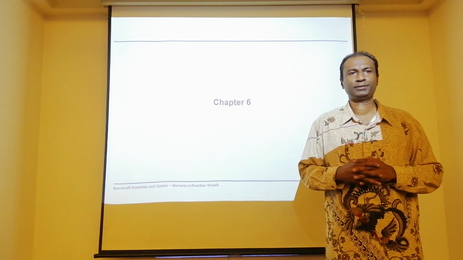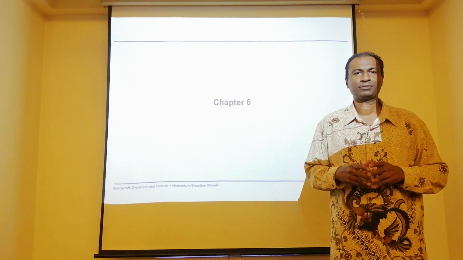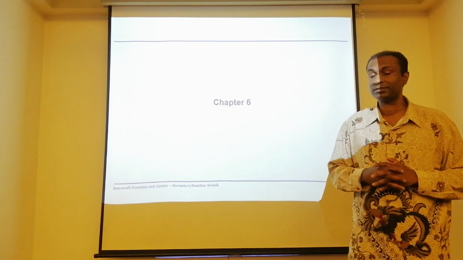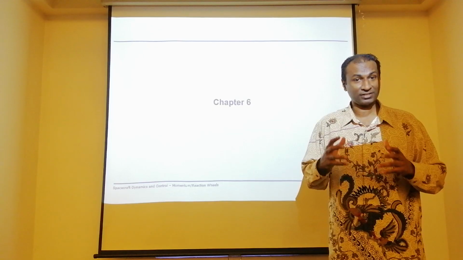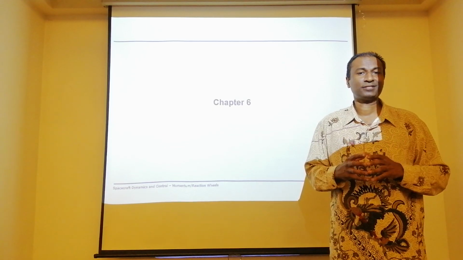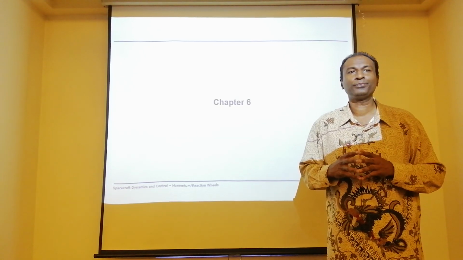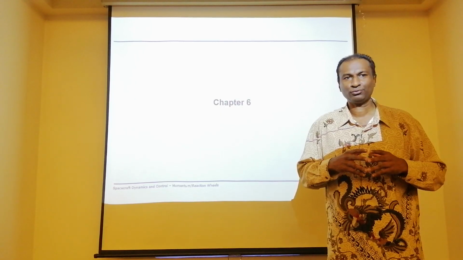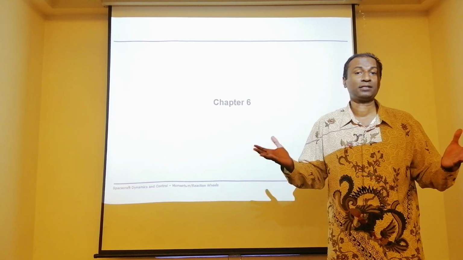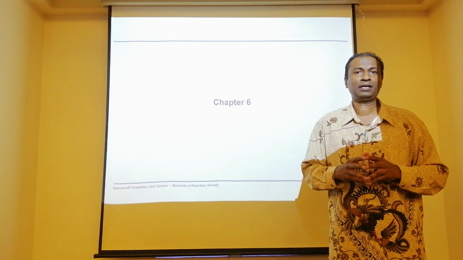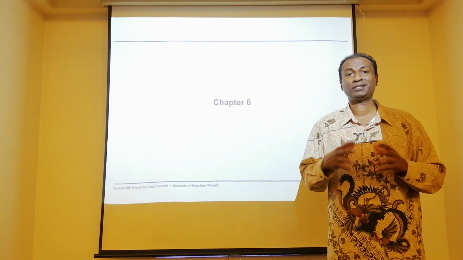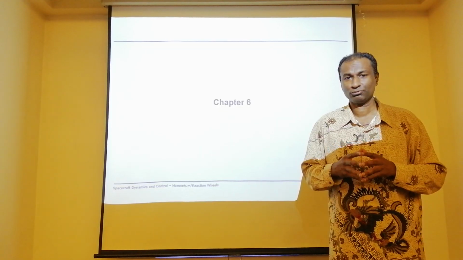Hi everyone, welcome back. We'll continue with chapter 6, and chapter 6 is going to talk about momentum and reaction wheel. In chapter 5, we have seen magnetorquer control, and we have also concluded that although we can do a single magnetorquer control, maybe using B-dot, etc., we can also opt for a 3-axis magnetic torque control.